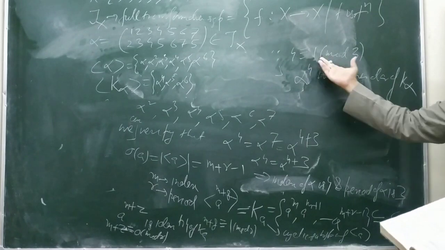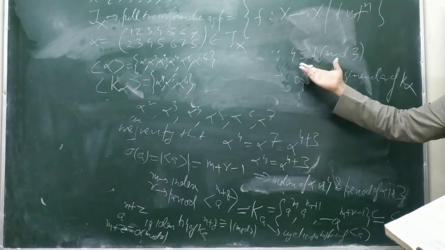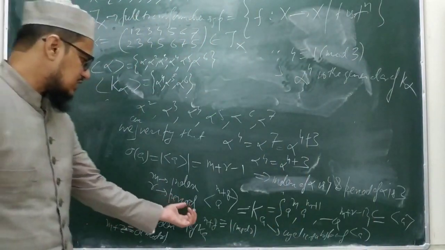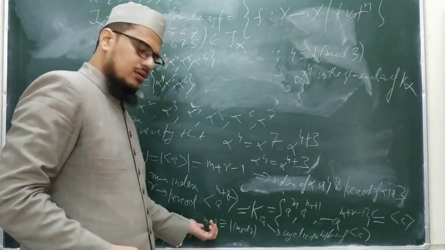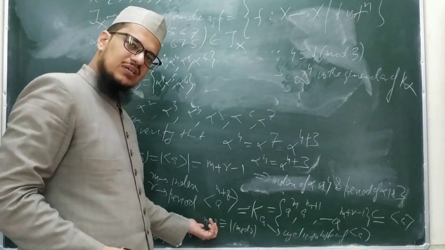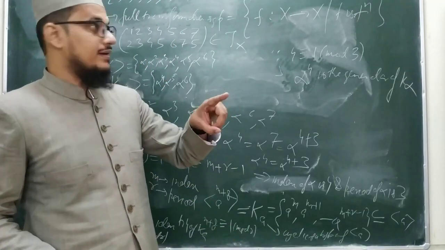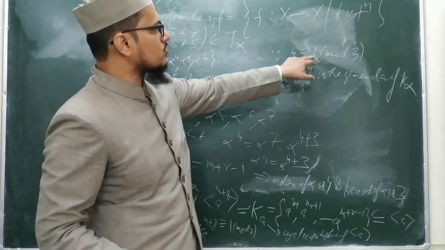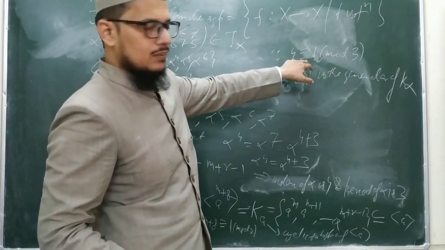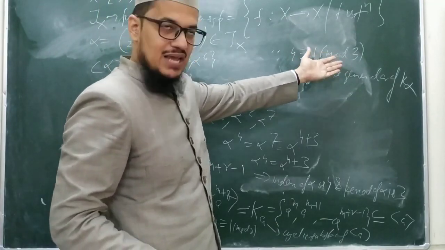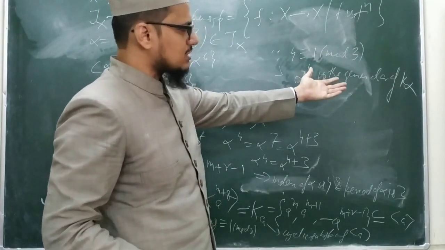You want m plus g congruent to 1 modulo r. Then a to the power m plus g is the generator. So here 4 is congruent to 1 modulo 3, because the period r is 3. So alpha to the power 4 is the generator of K alpha.